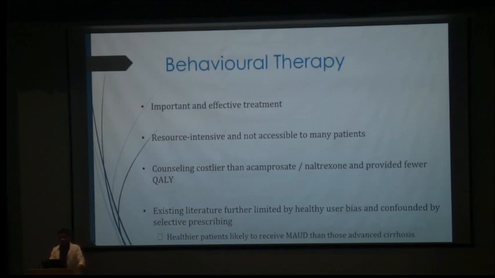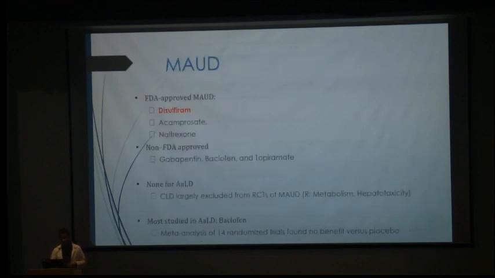They commented that the literature is further limited by healthy user bias and confounded by selective prescribing. That is, patients who are healthier are more likely to receive medications than those who have advanced cirrhosis. Out of the medications, disulfiram, acamprosate and naltrexone are FDA approved. Gabapentin, baclofen and topiramate are non-approved.